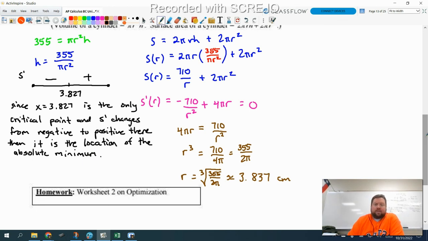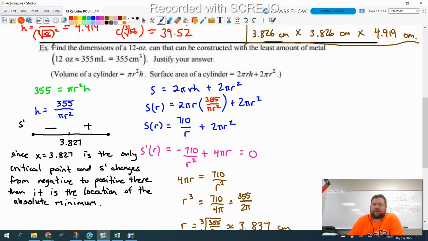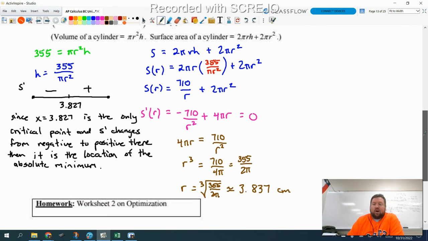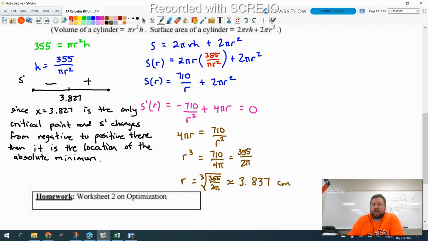All right, now let's answer the question. So find the dimensions of a 12-ounce can that we constructed with the least amount of metal. So all we have to do is find the dimensions, which means we're just left with h. h is equal to 355 divided by pi times the cube root of 355 over 2 pi, squared.